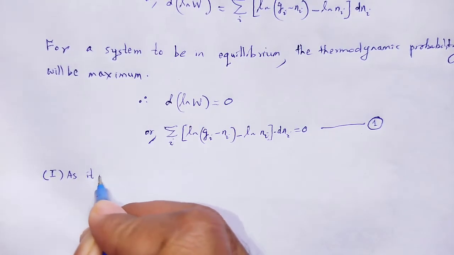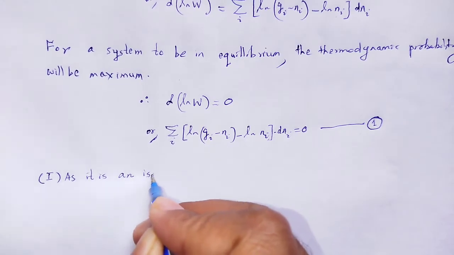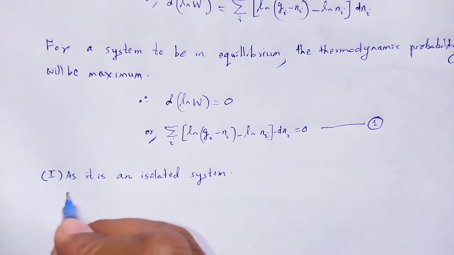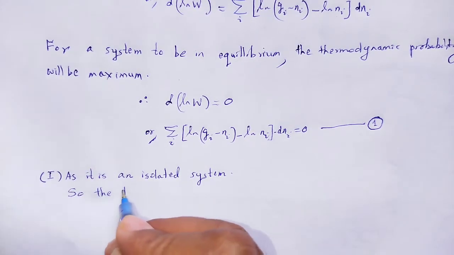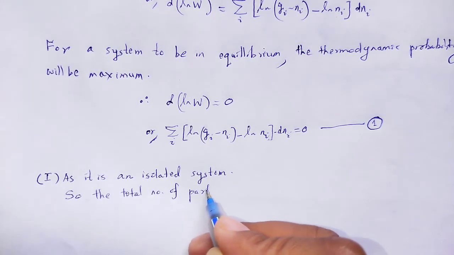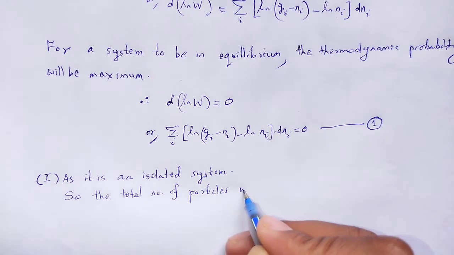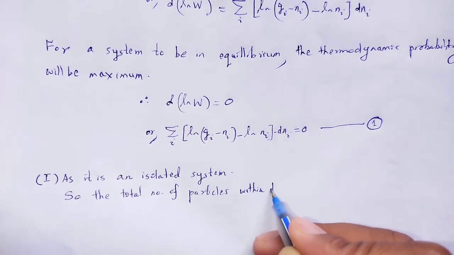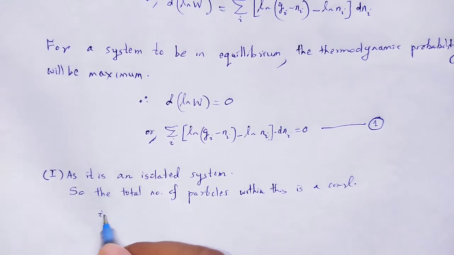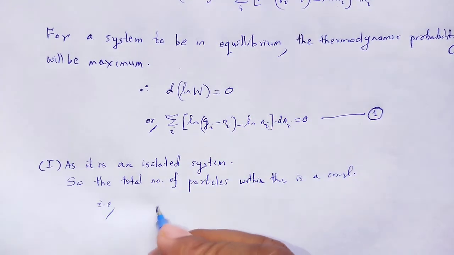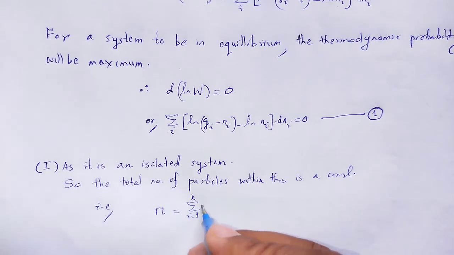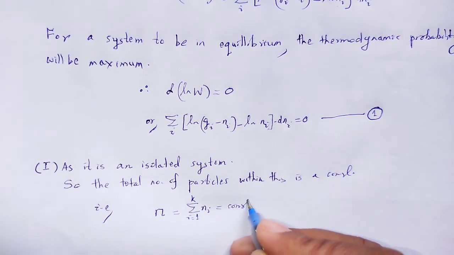As it is an isolated system, the total number of particles is constant, that is total number of particles N, which is the summation over i from 1 to k of Ni, is a constant.